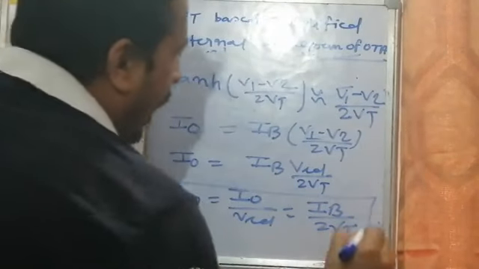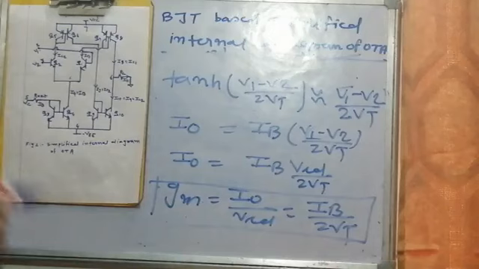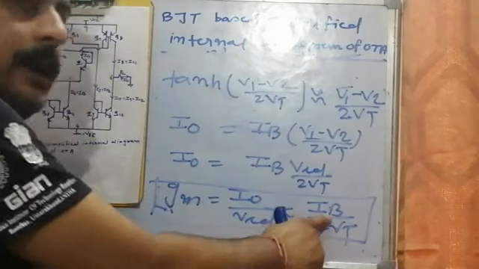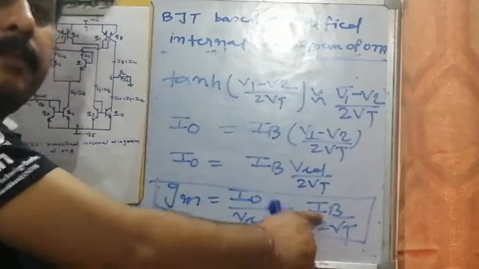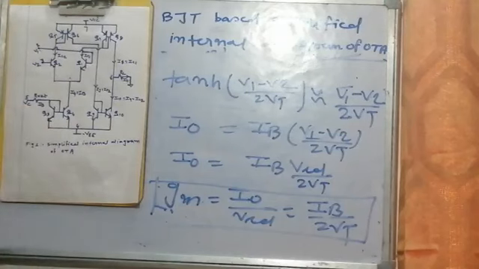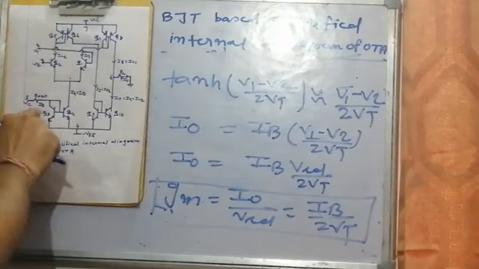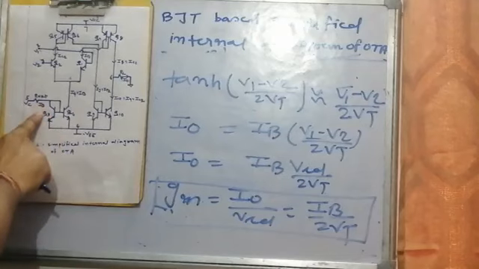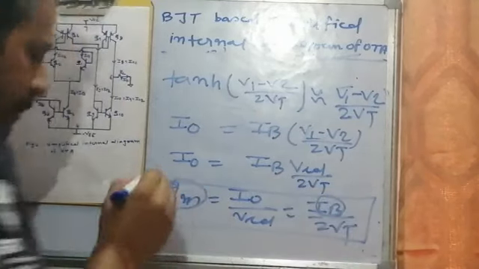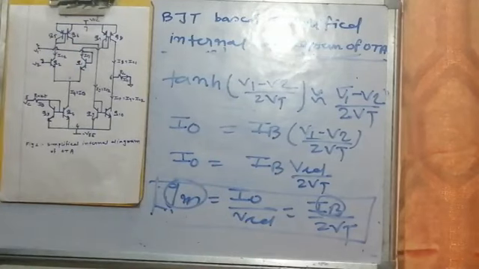So look here, I want to write this equation. As I told you, transconductance Gm depends upon the bias current IB, and bias current IB depends upon this external voltage Vc. If I change this external voltage Vc, the bias current IB will change, and if the bias current IB changes, the value of transconductance will change.